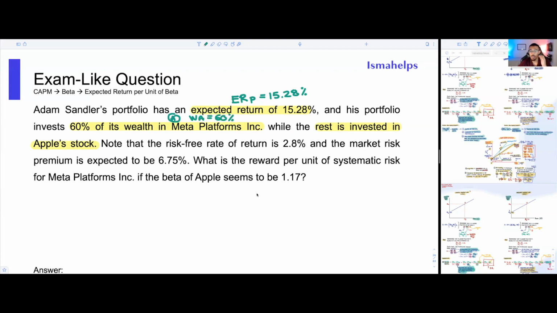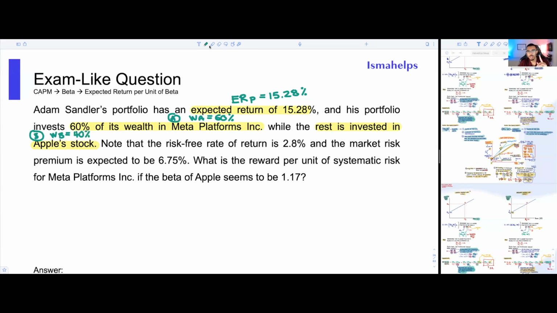So far it seems like Adam Sandler decided to only invest in two stocks: Meta Platforms, known as Facebook, or Apple's stock. By definition, if we only have two assets, the rest of the portfolio will be invested in Apple. If we call Apple B, and we were invested at 60% for weight A, by definition we'll be invested at 40% for weight B, the second asset.